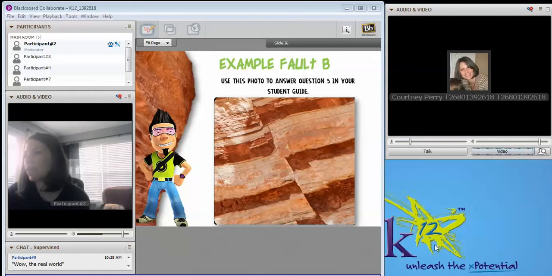Example B. Where is our fault line? Where is our hanging wall? Where is our foot wall? Good. This is our foot wall. This is our hanging wall. So which way did the hanging wall move?